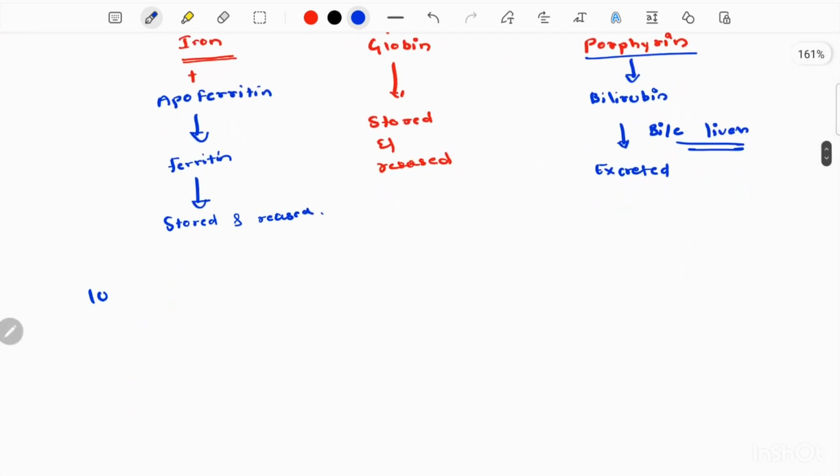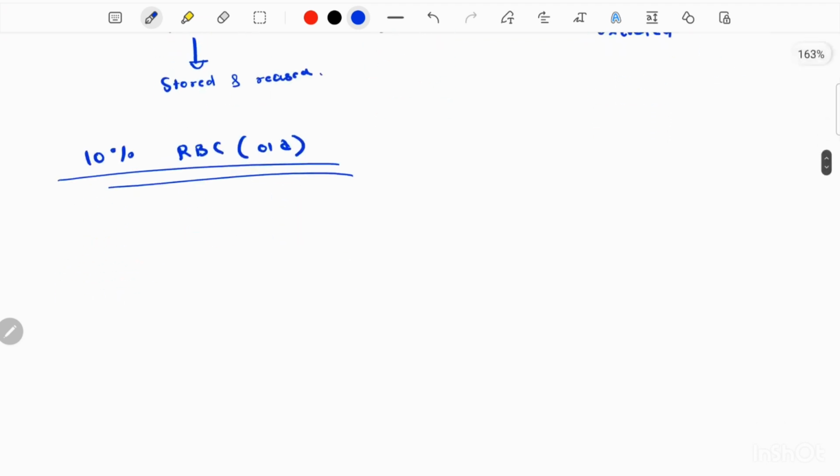Daily 10% of old red blood cells are destroyed in a normal healthy adult. Okay. Function of red blood cell.